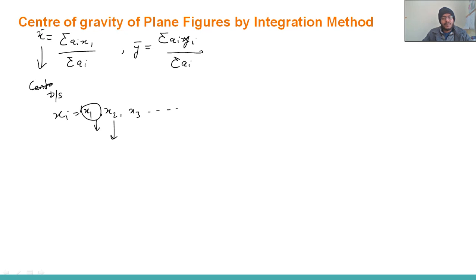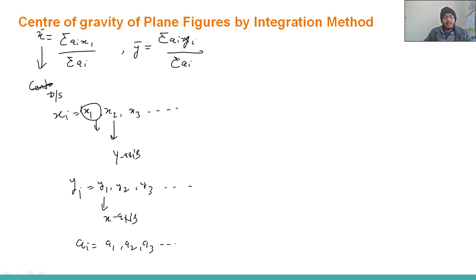Similarly, x2 is the distance of centroid of second segment from the y-axis. Similarly, yi, y1, y2, y3, and so on. So y1 is the distance of centroid of first segment from the x-axis, and ai is a1, a2, a3, and so on.